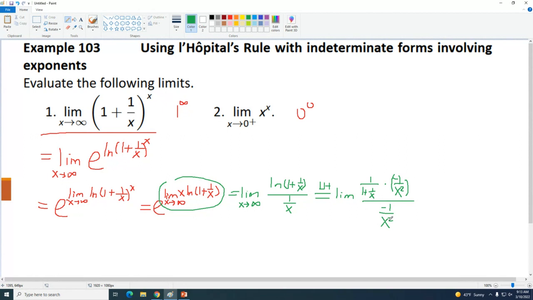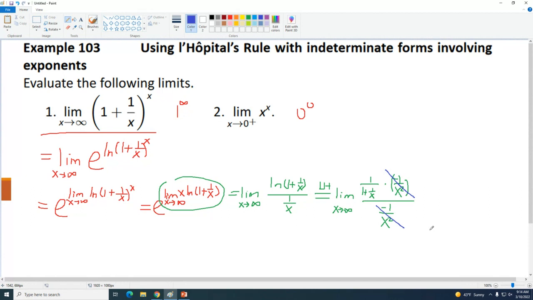So you can see that this and this are the same thing, so they cancel. Here you apply the chain rule, that's why we have that part. So now the same factor cancels, and you have 1 over (1 plus 1 over x) as x approaches infinity. After we cancel out, all we're going to calculate is this part.